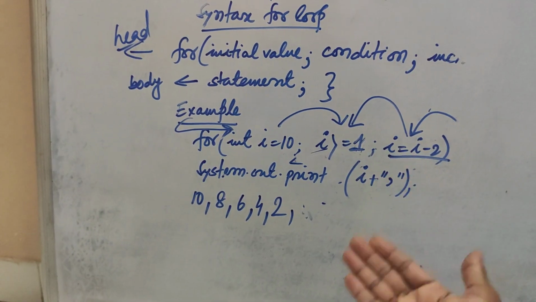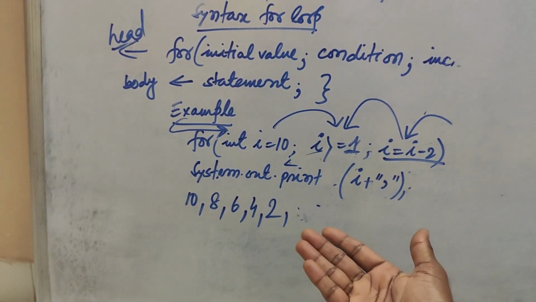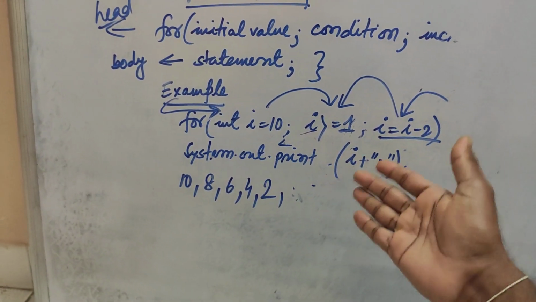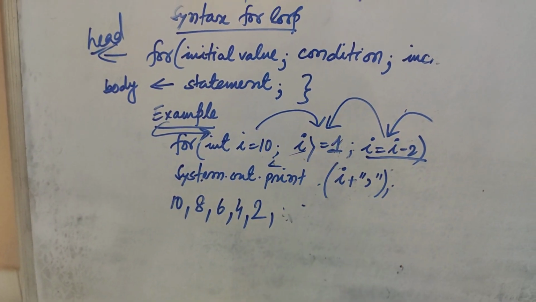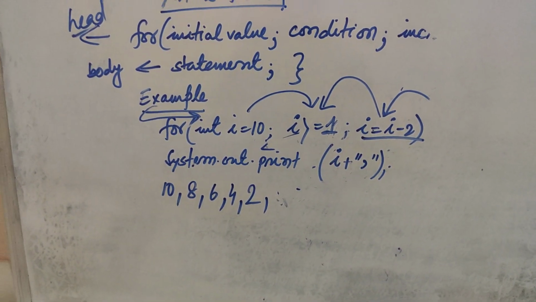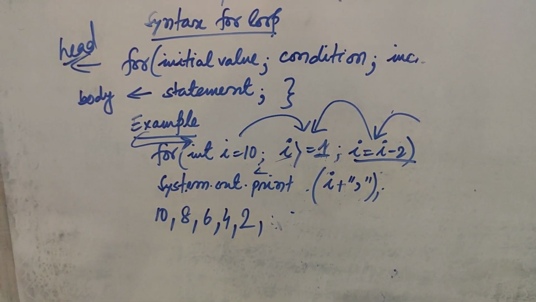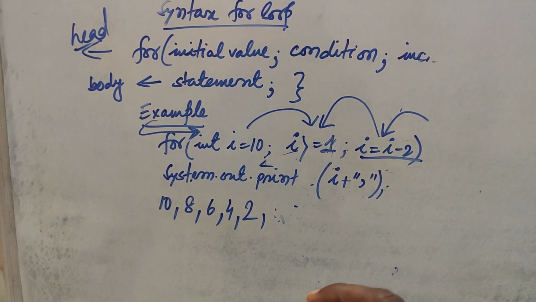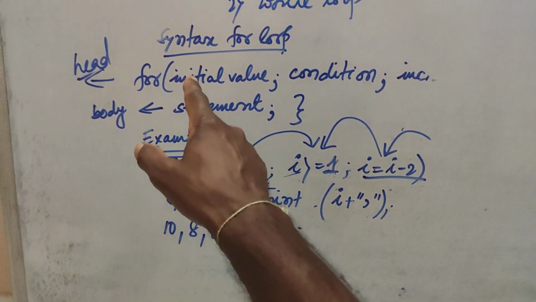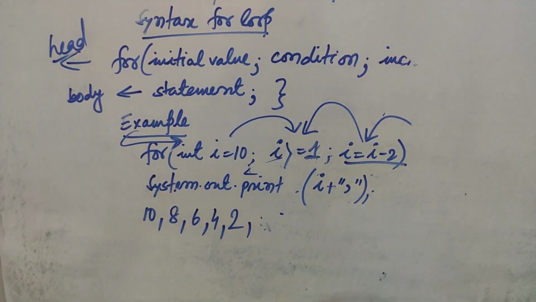The same program we can write by while, do while, or for loop. So now the choice is yours. Which loop is used the most? For loop. Okay, for loop is simple because the statement is in one line. It is very easy to remember.